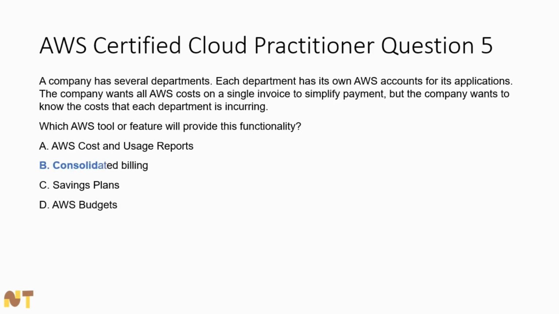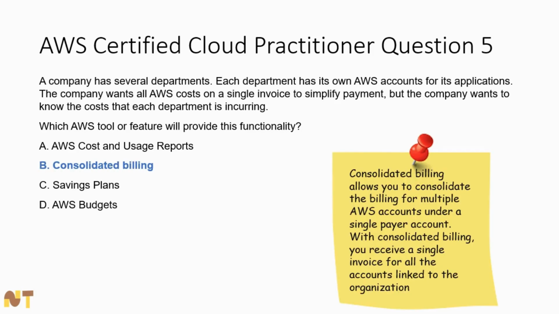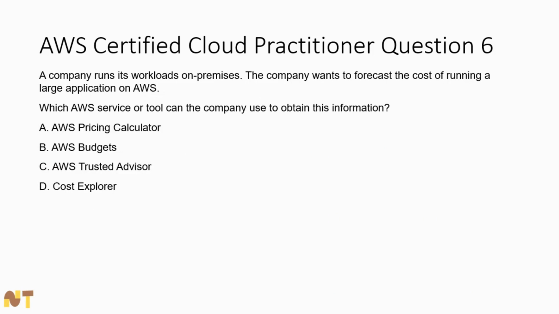The correct answer here is B. Consolidated Billing. It is a feature of AWS Organizations that allows you to consolidate the billing of multiple AWS accounts under a single payer account. With consolidated billing, you receive a single invoice for all the accounts linked to the organization. So the correct answer is B. Consolidated Billing. Moving on to the next question.